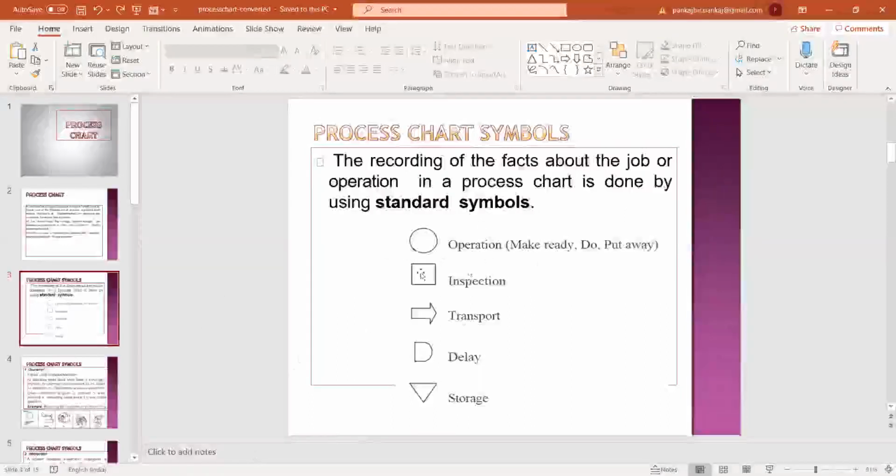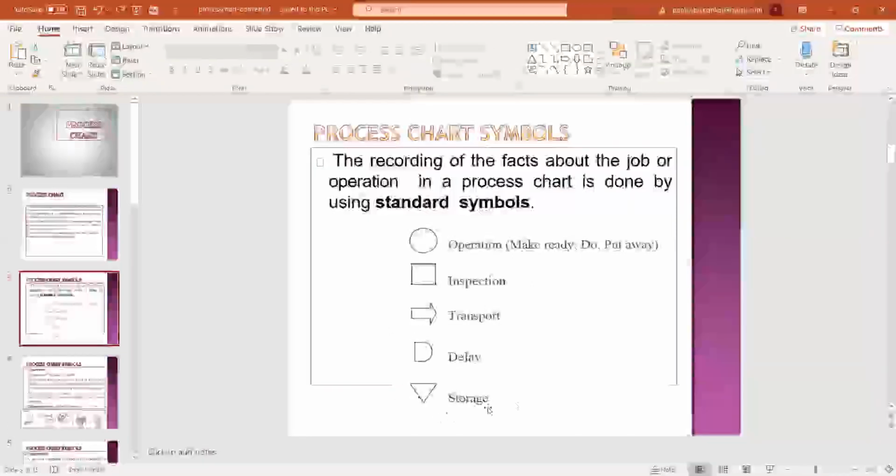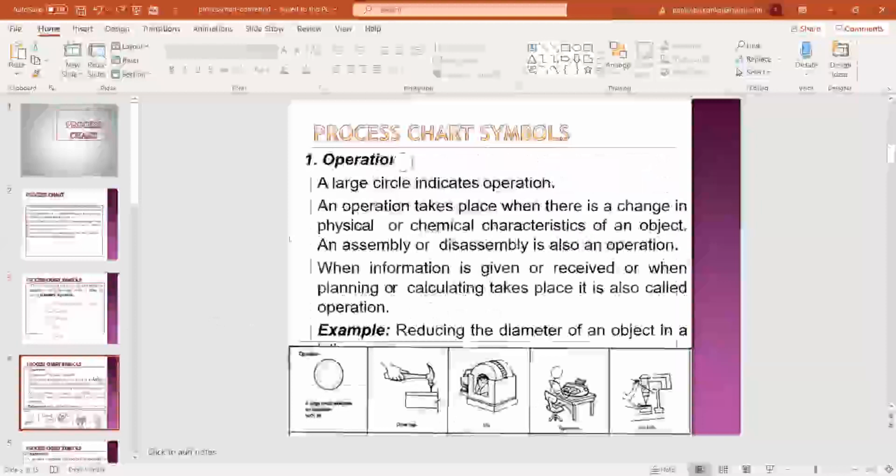First is a circle which represents operation. Second is a rectangle which represents inspection. Third is an arrow which represents transportation. There is a symbol D for delay, and an inverted triangle to represent storage. Now we take one by one.